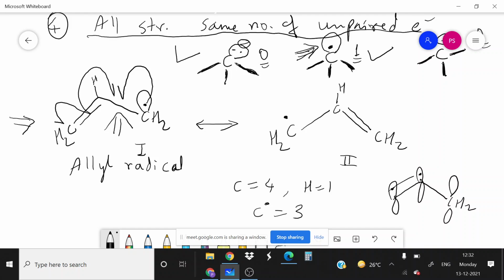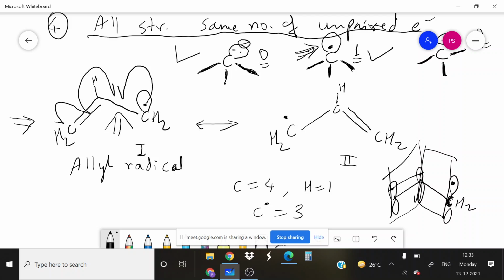These two form one bond, and this carbon has one electron in a p orbital, and all these p orbitals are parallel to each other, so they lie in one plane. These two orbitals lie in one plane and these two orbitals lie in one plane, so they are coplanar.